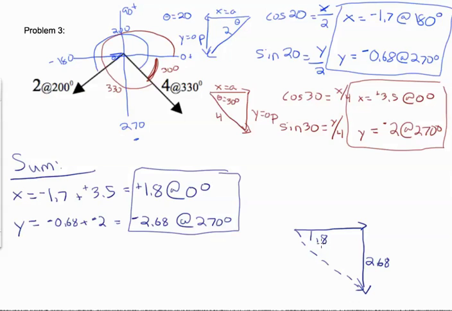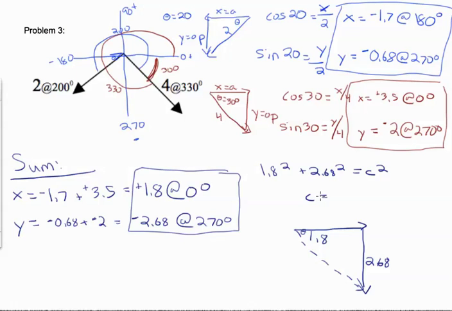So to get our magnitude, we use the Pythagorean theorem. 1.8 squared plus 2.68 squared is our resultant squared. So our C is equal to 3.2. And it's larger than our x and our y, so that makes sense.